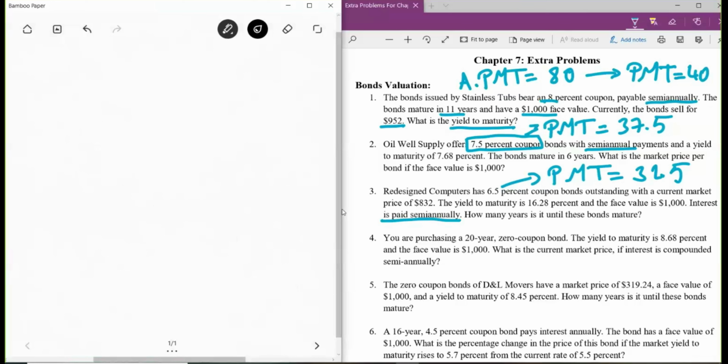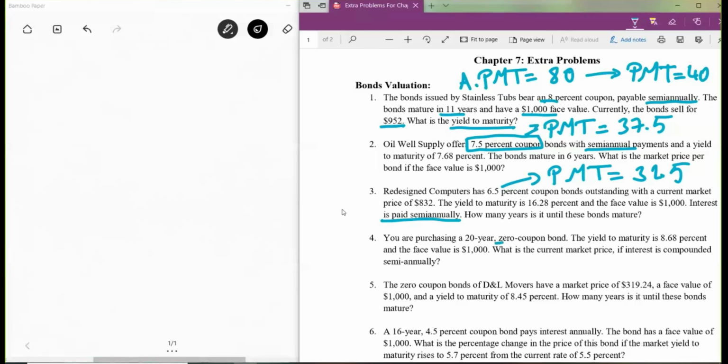Problem number 4. We have a 20-year zero coupon bond. This means that for this bond, the coupon rate is equal to 0%, and therefore the payment is 0. The yield to maturity is 8.68%. FV is 1000.